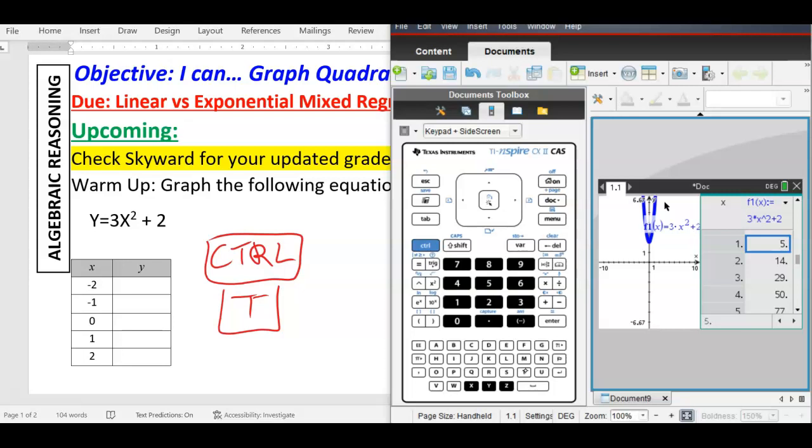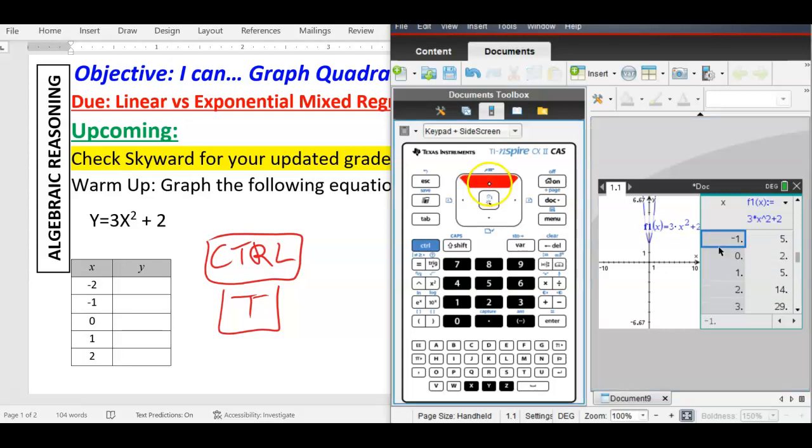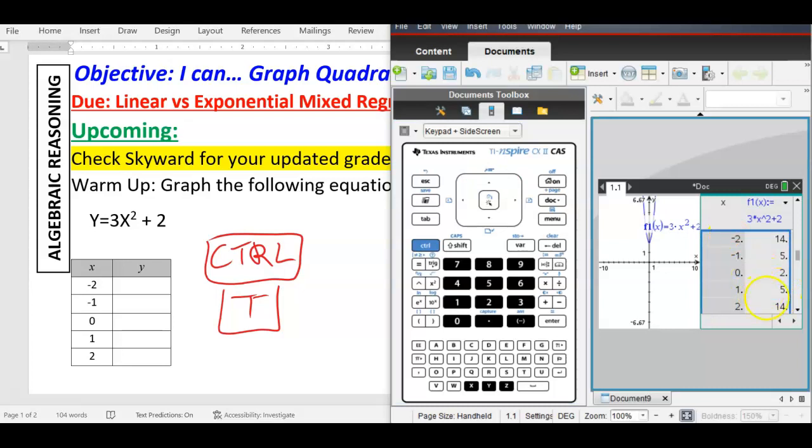So we want to make sure on our table we go to the right x value. Remember, your x values are more narrow. So if you go up till you get there, these are the points you want to write down, okay? So again, make sure your y's match up with your x's. You got to look at the table, okay?